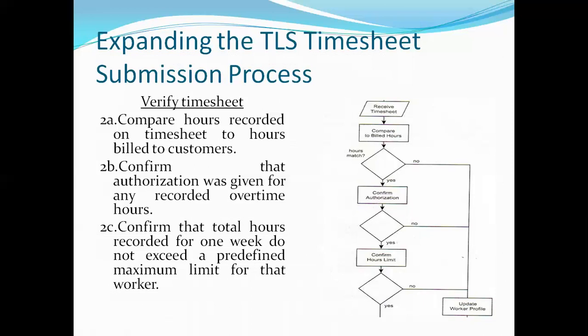Now confirm that the total hours recorded for 1 week do not exceed a predefined maximum limit. These are contract-based employees, and in a particular week they are assigned a fixed number of hours. Suppose the fixed number of hours assigned to a particular worker is 10. Then they check the limit on the total number of hours.